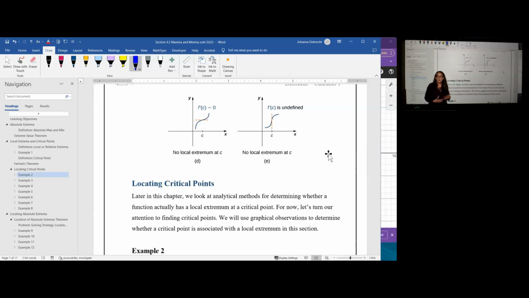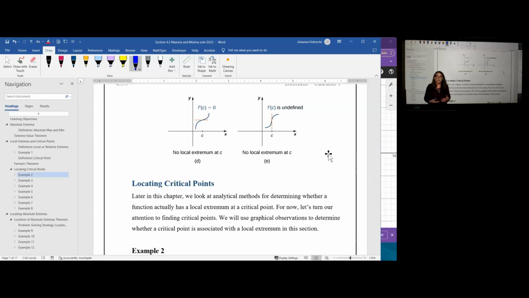We'll do that through what's called the first derivative test and also the second derivative test. For now, we'll just have to use graphing to confirm whether or not we actually have an extremum value at the location of a critical point.